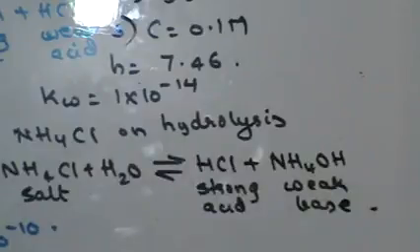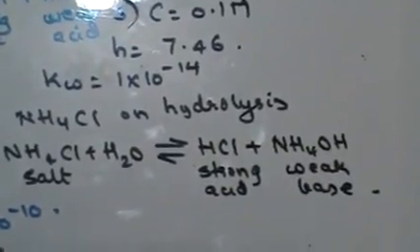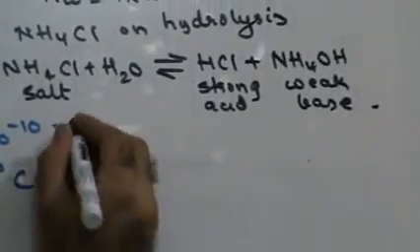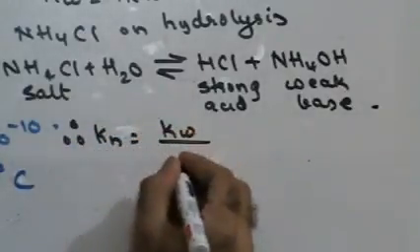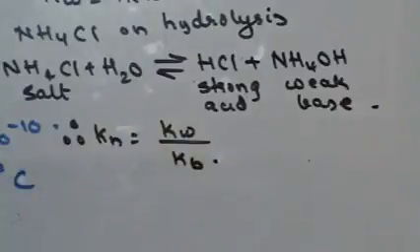That means ammonium chloride is a salt of strong acid and weak base. Therefore Kh is going to be Kw upon Kb, weak base. Now Kw I know, I do not know Kh, I do not know Kb. Have they given me? No, they haven't given me.